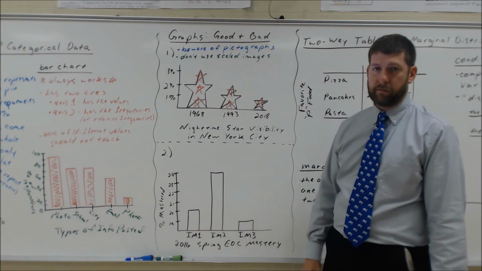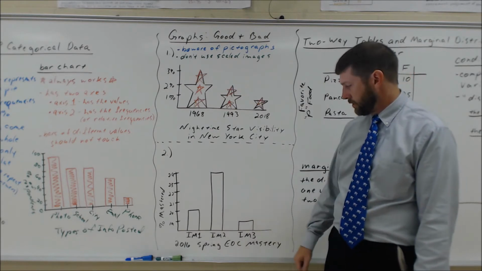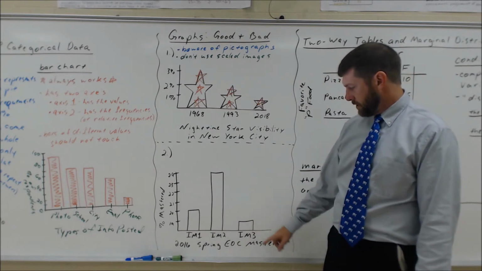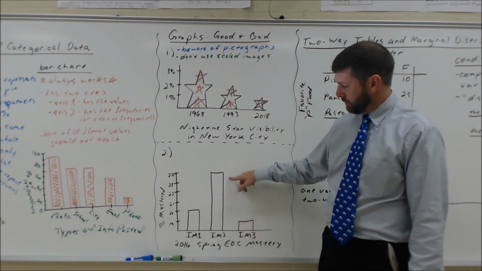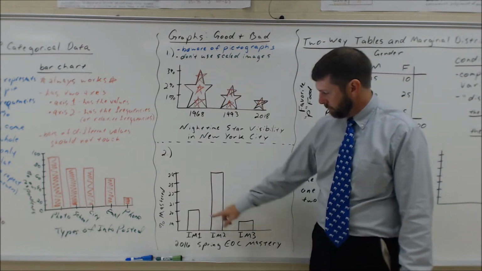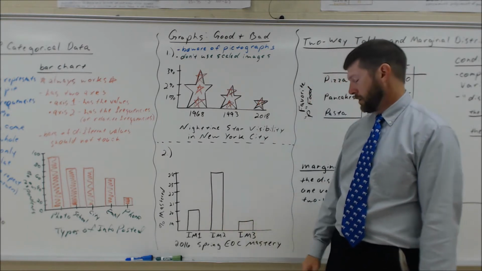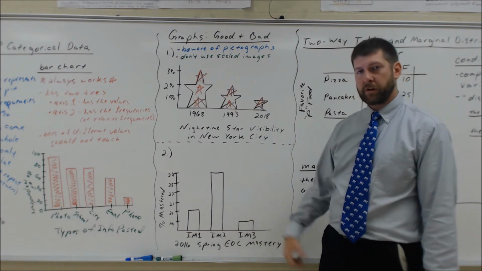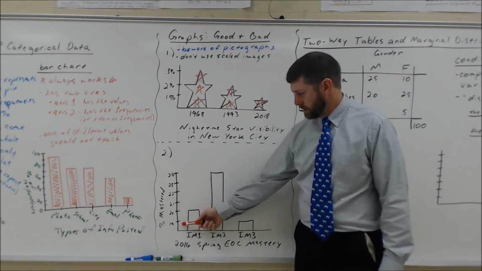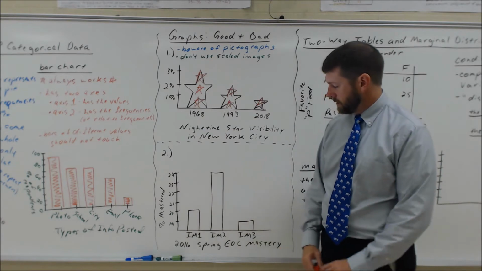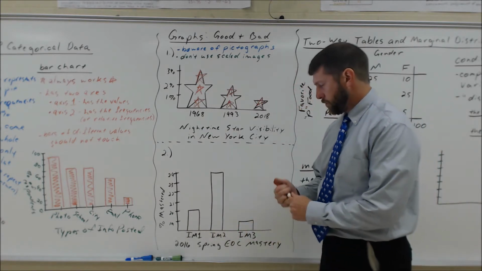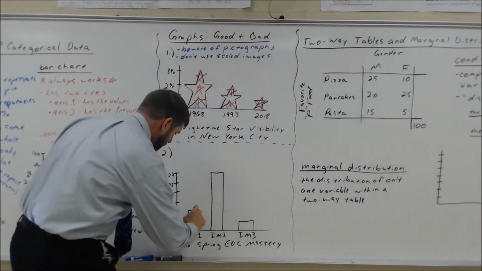IM2 just blew them out of the water, right? It's just so much better. Especially compared to IM3, it looks like IM2 may have done 5 times better. Compared to IM1, they probably did about 2 or 3 times better. But you have to be careful. Look over here on the side. If we inspect, these guys were at 20% in IM1.